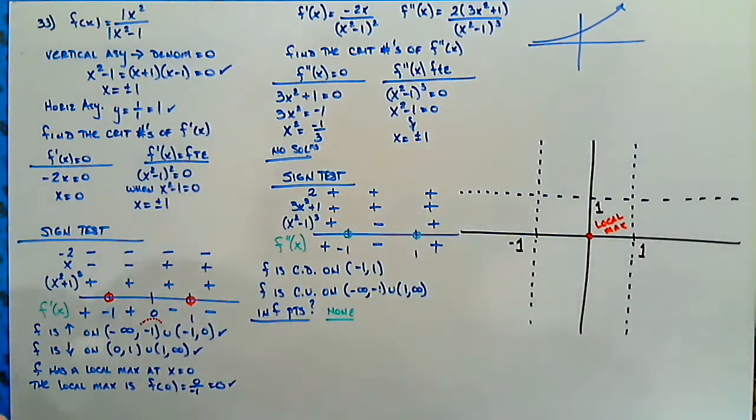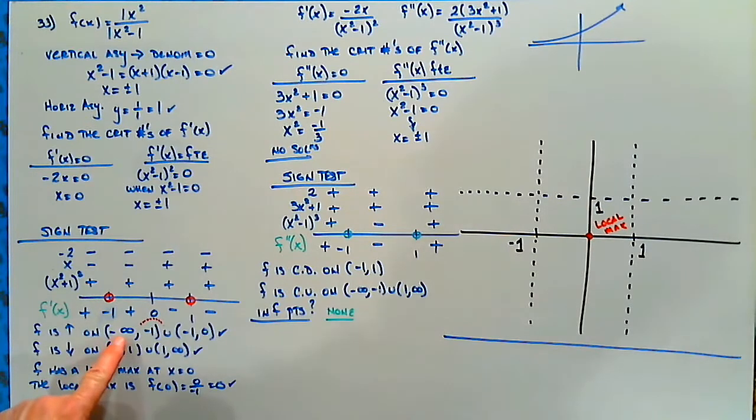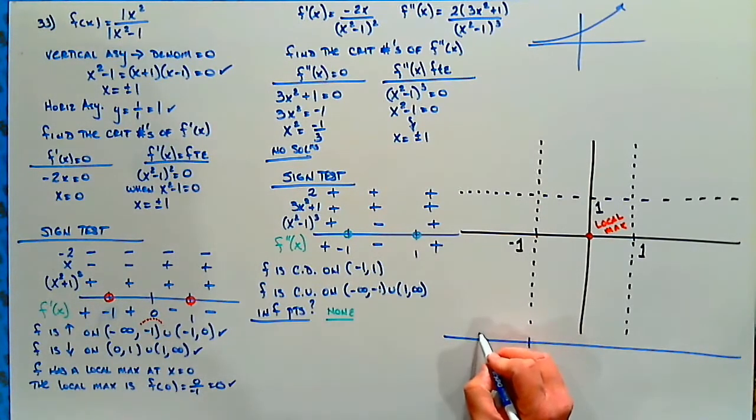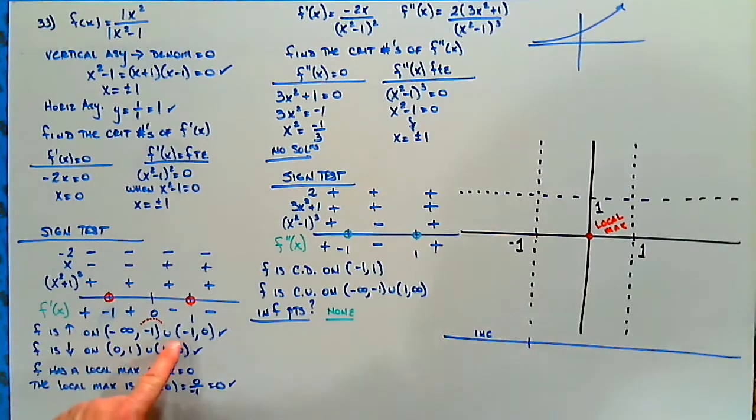Now, again, I personally like to draw my bars down here like this, and I like to label my bars. Now, I know from negative infinity to -1, that's this bar right here, f is increasing. F is also increasing from -1 to 0.